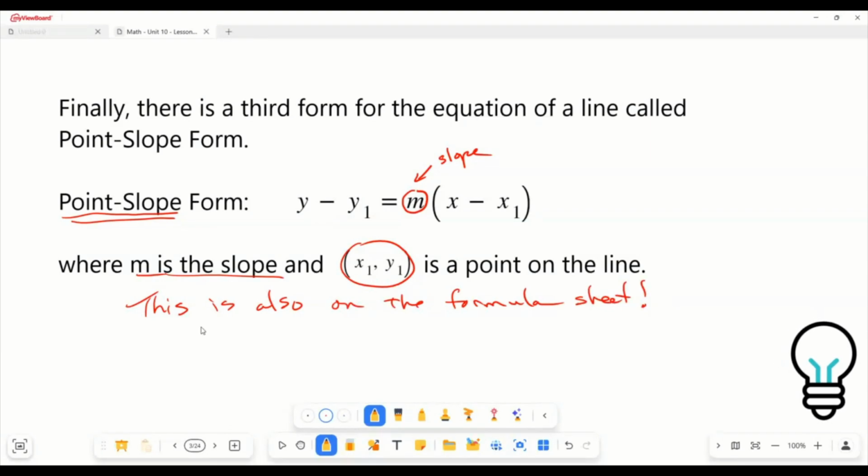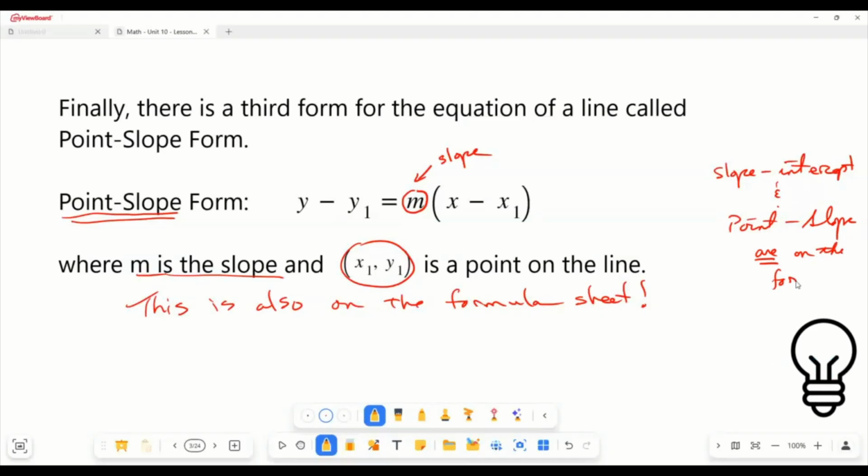So the slope-intercept and point slope are on the formula sheet.